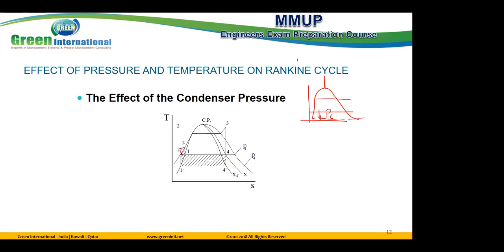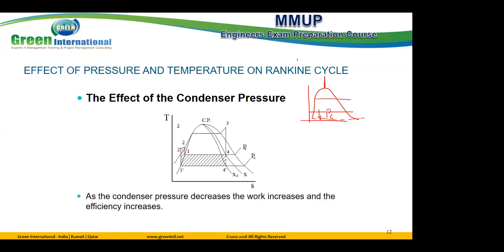So overall, the turbine work obtained increases more than Q boiler. So what will happen to the efficiency? It increases because the numerator increases. So for the effect of condenser pressure, when we decrease condenser pressure, we will see the efficiency increase.